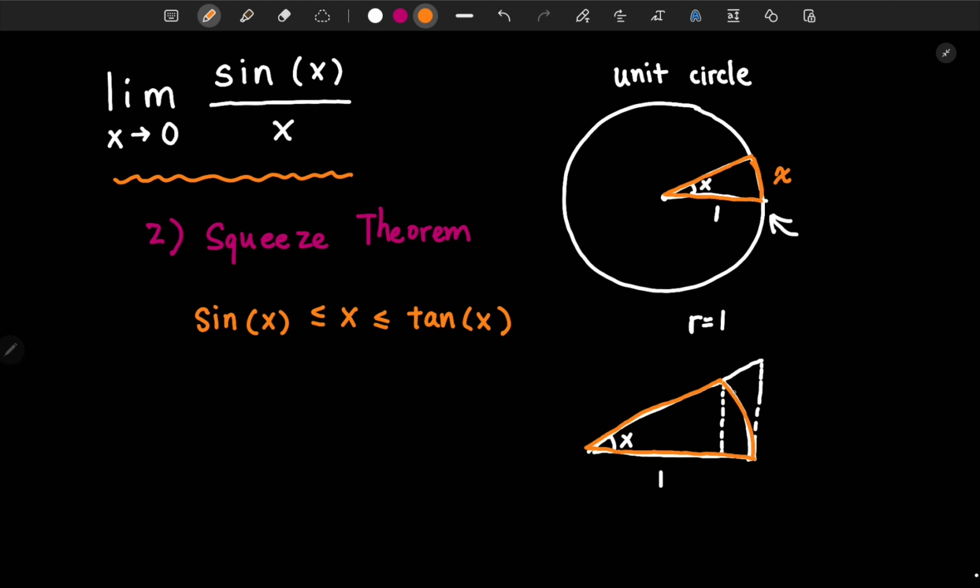The length of this arc is also x. This distance in pink is going to be sine x.